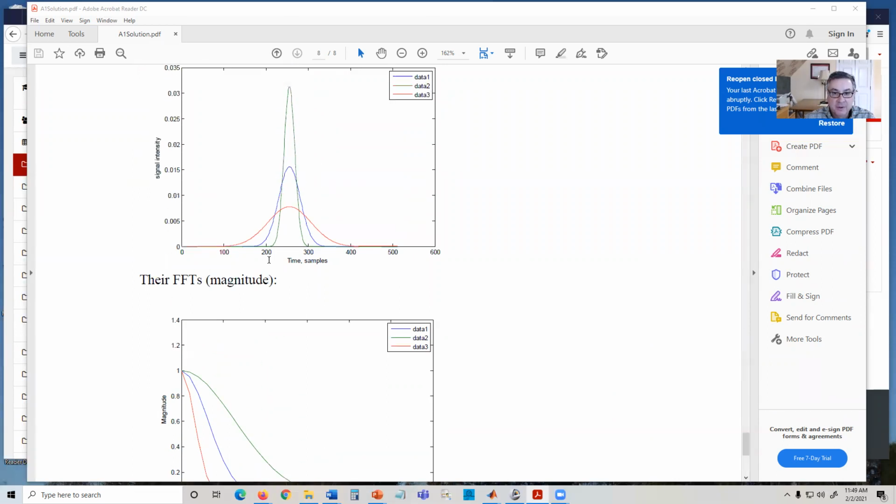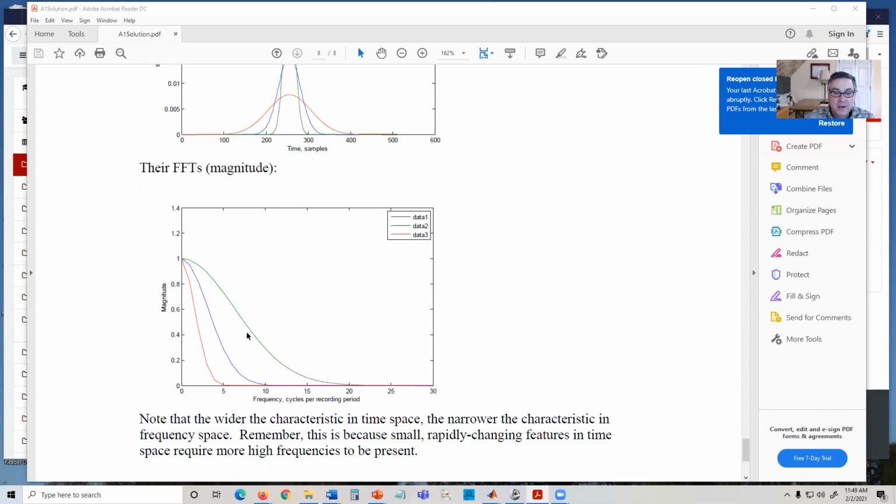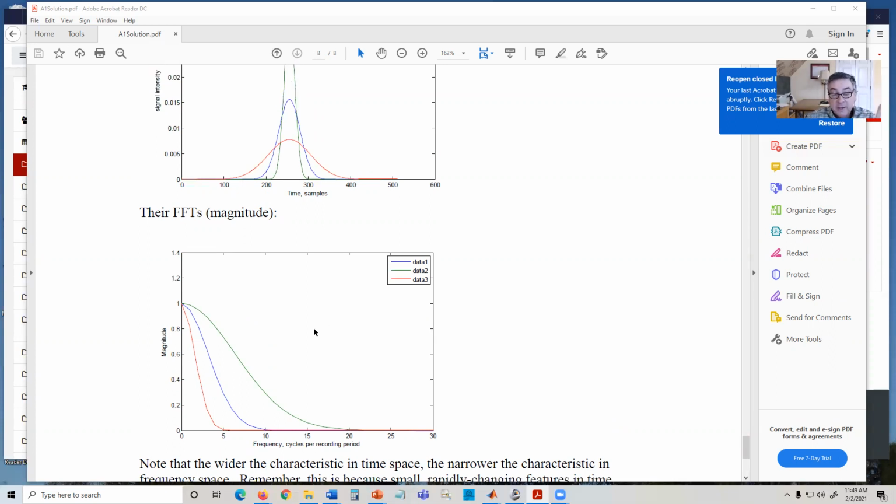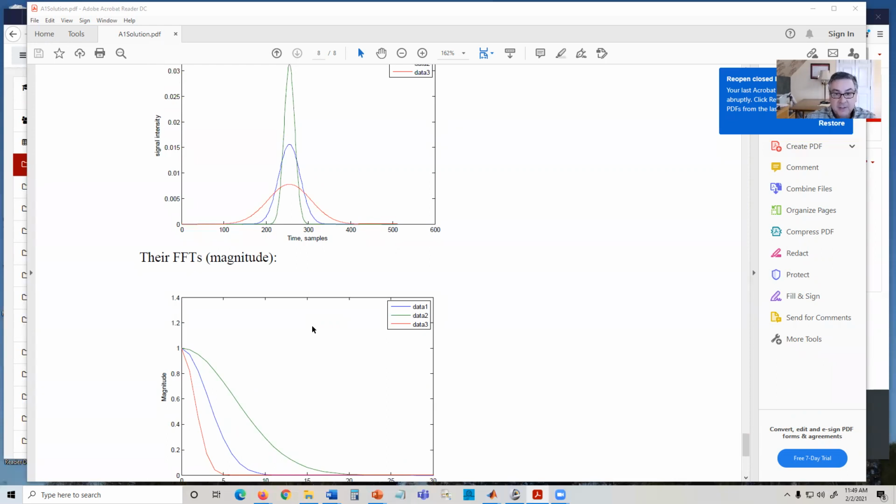The point here, of course, is to demonstrate that frequency-time opposite relationship, that the narrow one in green in the time domain is the wide one in the frequency domain, and vice versa, with the red being wider here, narrower here. And remember, there's a lot of different ways to look at these.